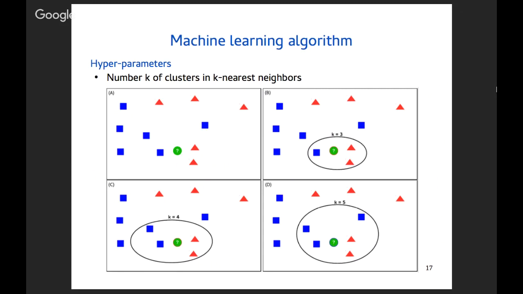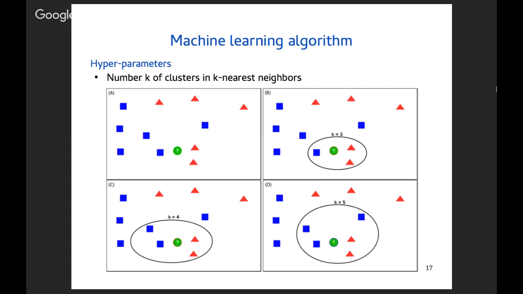So if you decide to set k equals to 3, like in this B box, the algorithm will select the 3 nearest points, the 3 nearest neighbors to the new point. The 3 nearest points are this red triangle, this other red triangle, and this blue square.